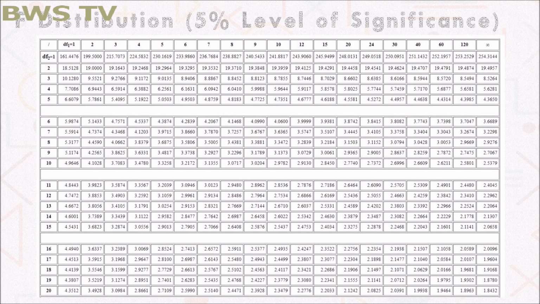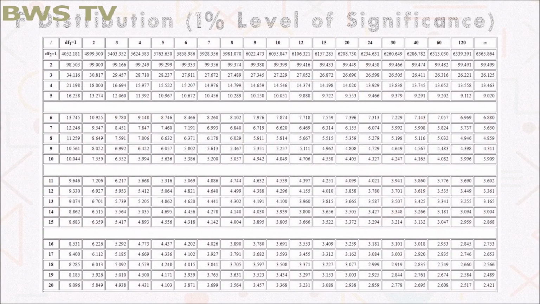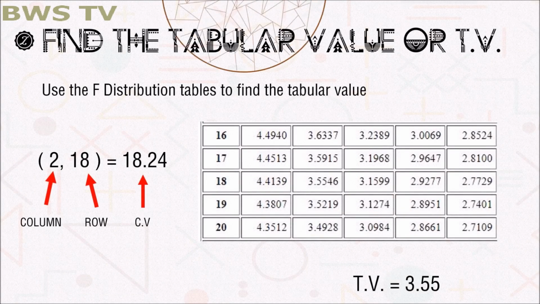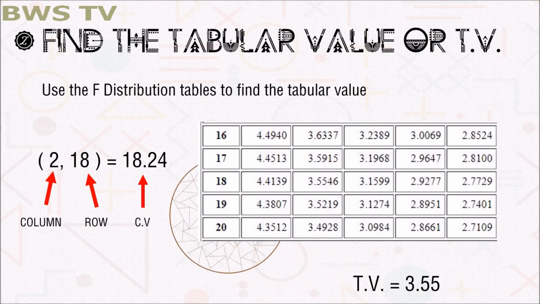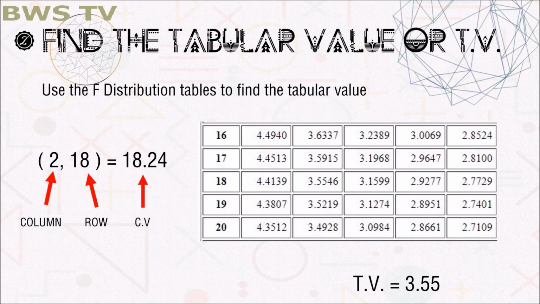So here's an example of an F distribution table with 5% level of significance. And here we have a table, the F distribution with a 1% level of significance. For this example, you have to look at the 5% table in order to get TV.